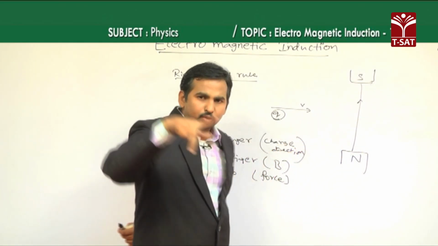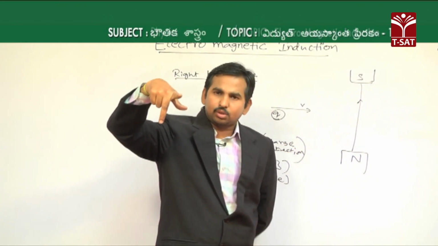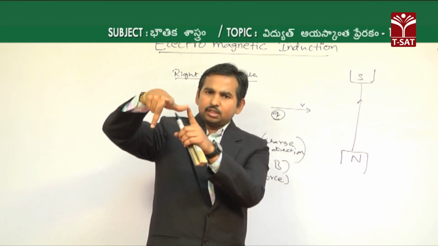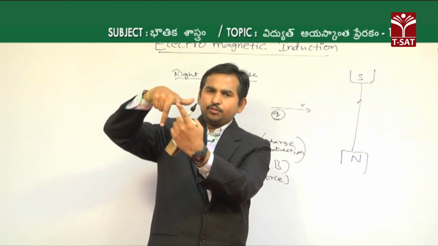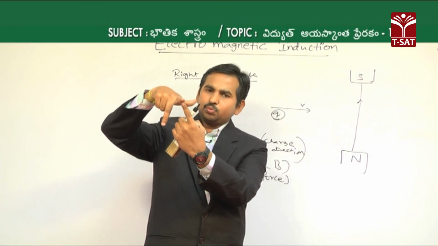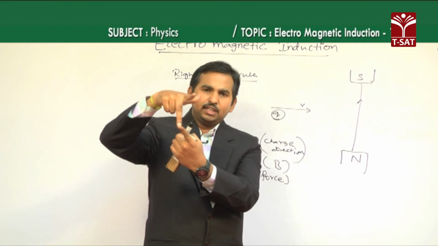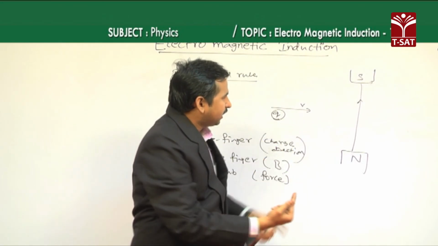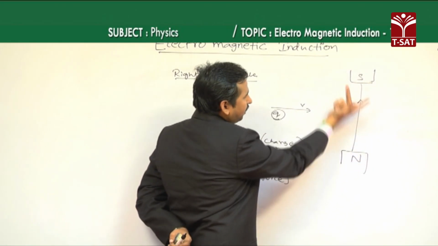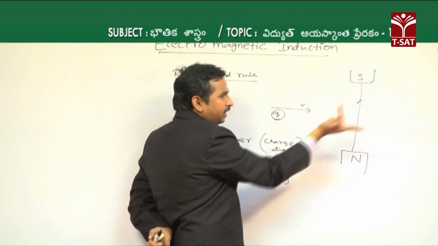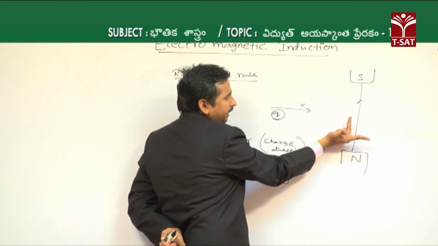Then stretch the fingers like this, mutually perpendicular: middle finger, thumb and forefinger. The forefinger gives you the direction of the charge moving, and the middle finger gives you the direction of the magnetic field strength. As the magnetic field strength is upwards, I am taking the middle finger upwards, and the charge is going in that direction.